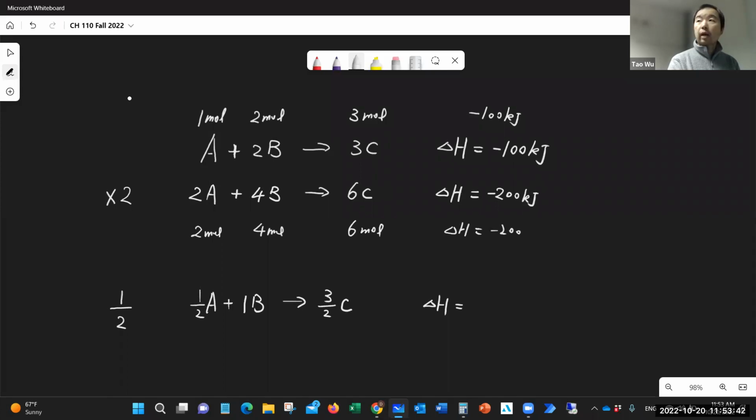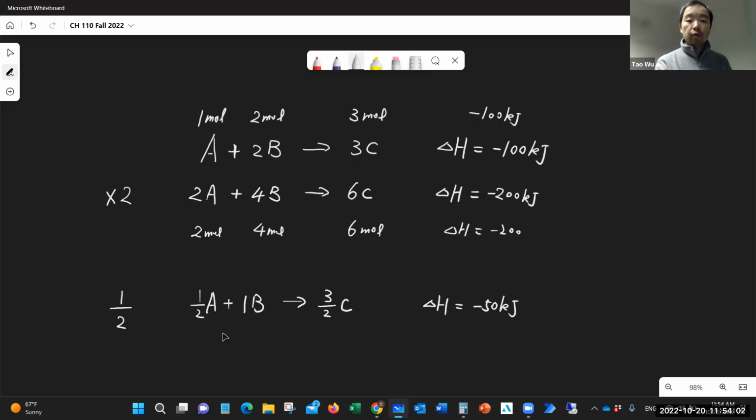You multiply by 1/2, so that's negative 50 kilojoules of heat. In thermochemistry, fractions as coefficients are doable and reasonable. It's allowed.